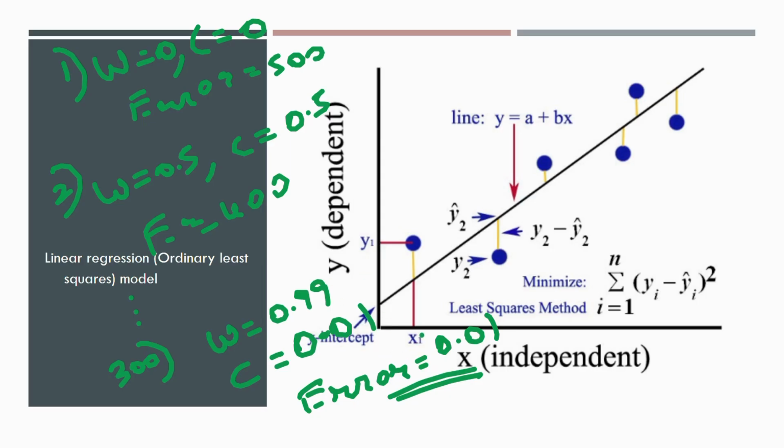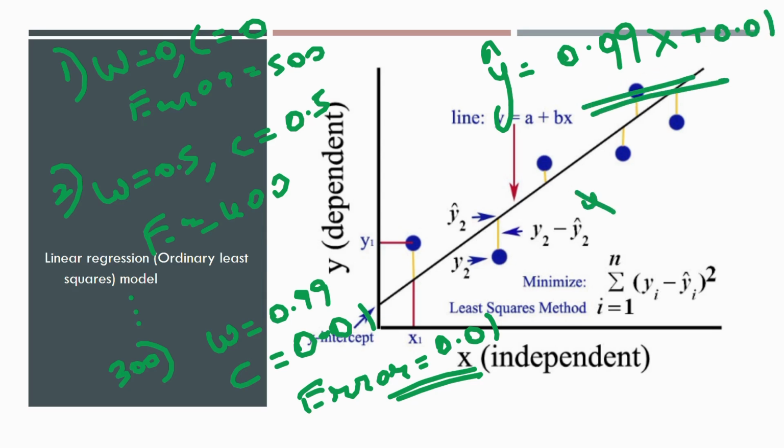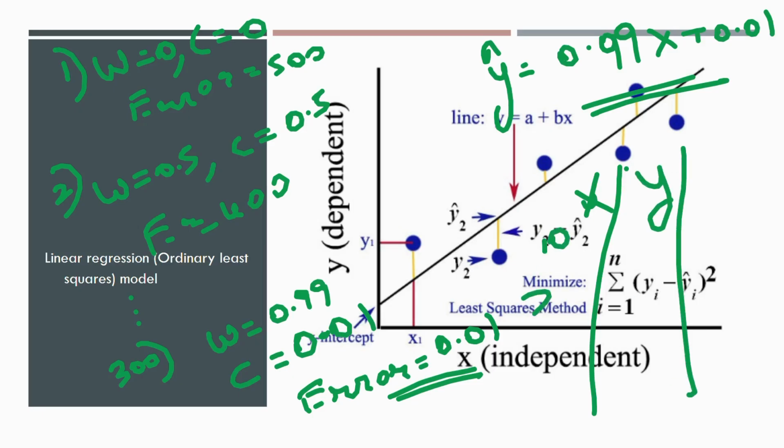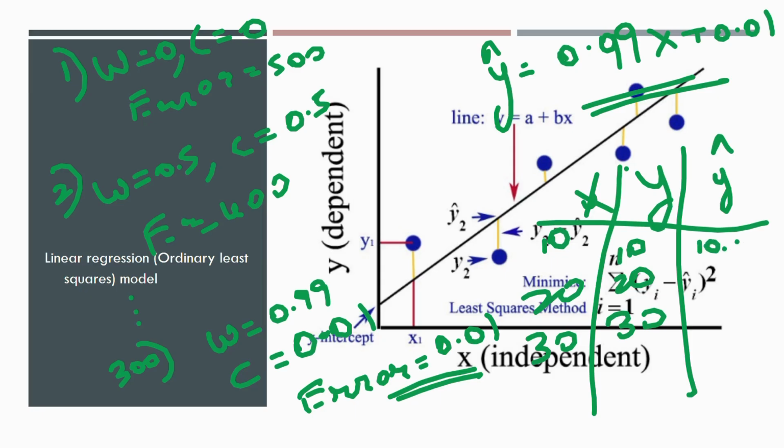If either condition is met, we stop, and we get our final model as 0.99x plus 0.01. So this is our final machine learning model. Now our data, if you recall, was something like this: 10, 20 and 30, and our actual data is something like this. So the model will predict something similar, like 10.01, 20.01, 30.01.